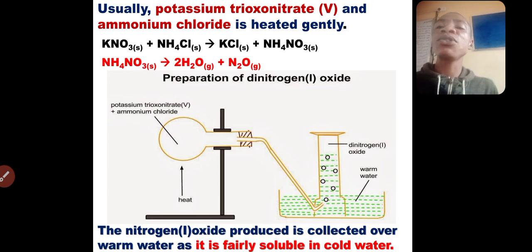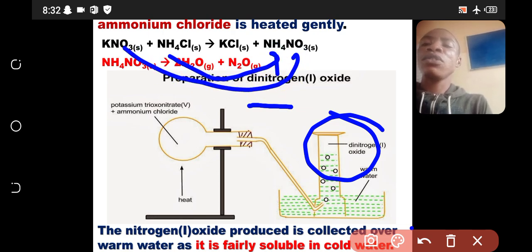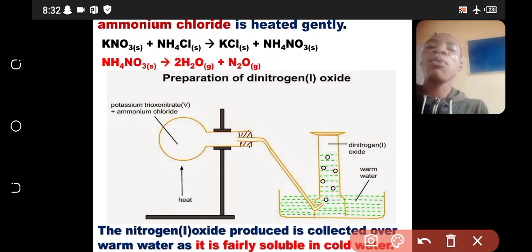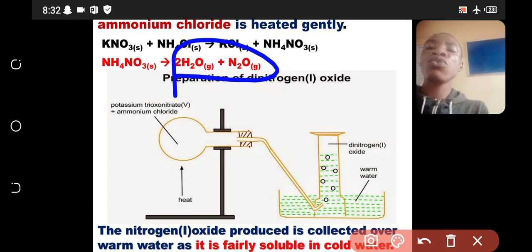So what we normally use in this place is potassium nitrate 5, KNO3, and ammonium chloride, NH4Cl. So the NH4Cl will provide the NH4 and the KNO3 will provide the NO3. So the remaining 2 elements will pick themselves and form KCl. So now we have our NH4NO3, which can quickly decompose and give us water and N2O gas.